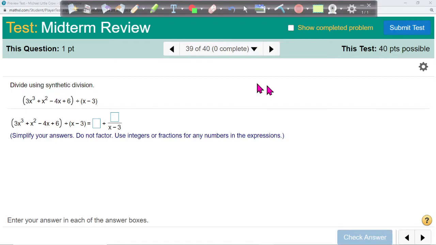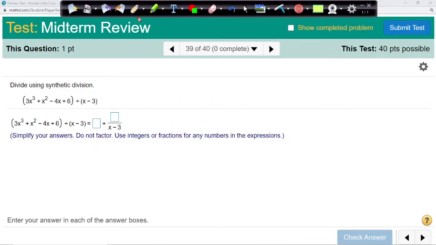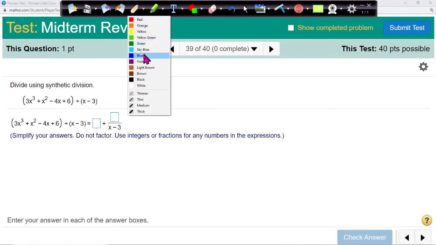Okay, down to using some synthetic division. Simplify your answers. Do not factor. Use integers or fractions for any numbers in the expression. So let's go through. So we're going to divide. Let's go with blue.